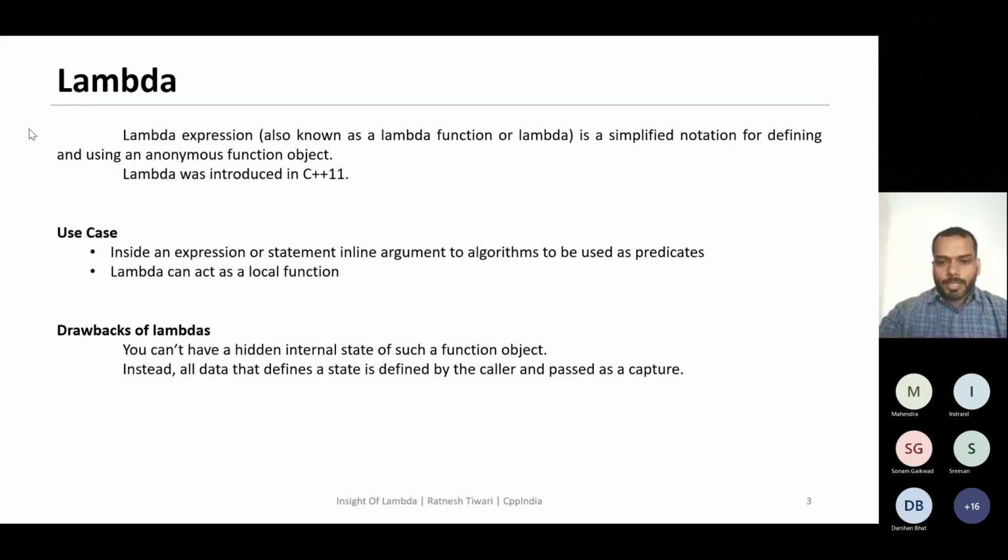Where do we need lambda? If you know Python, then there is a way that we can write nested functions, like a function inside another function. There is no way in C++ to do that with a named function. So lambda might be useful there.